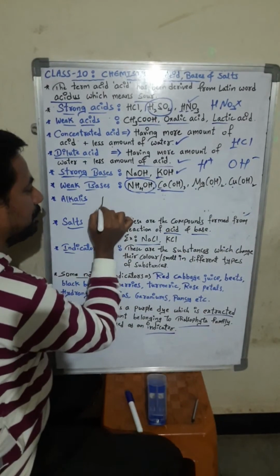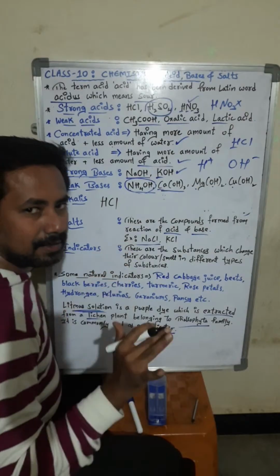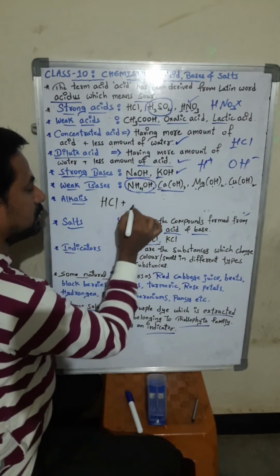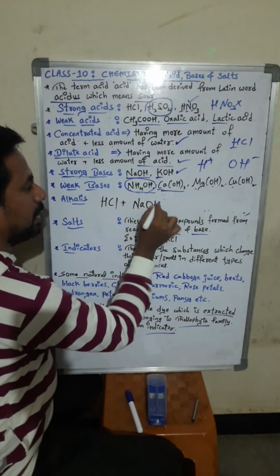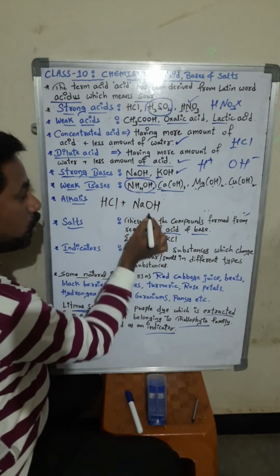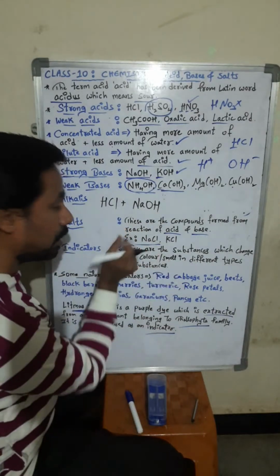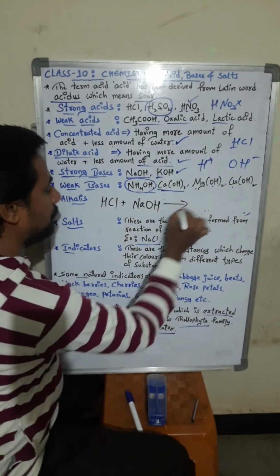See, one example I am taking: acid HCl. Next, NaOH. What is NaOH? Strong base, and we are combining it with a strong acid. What happens?